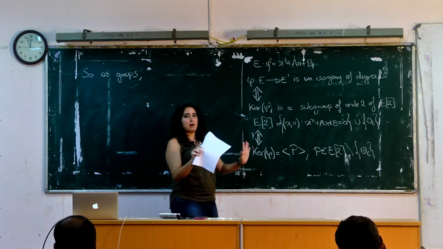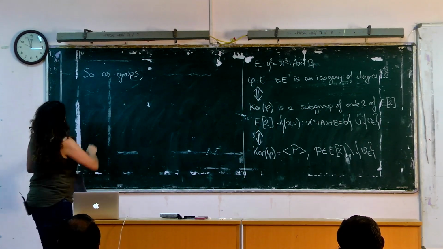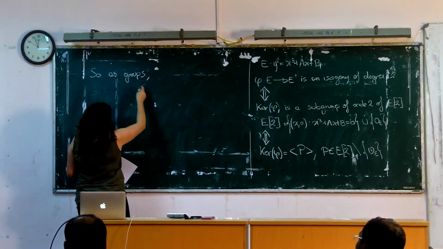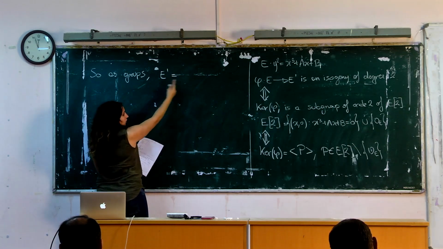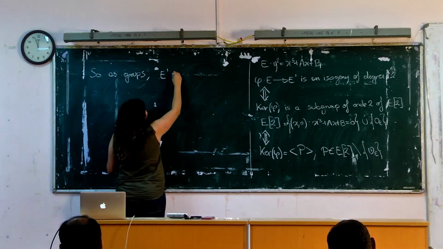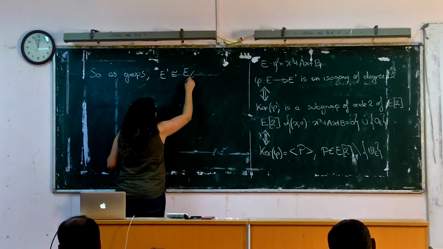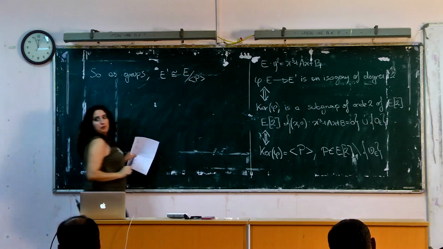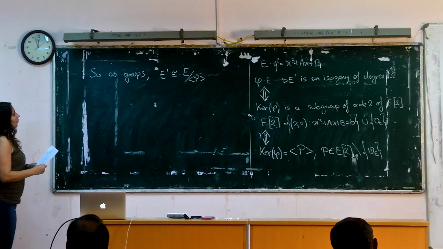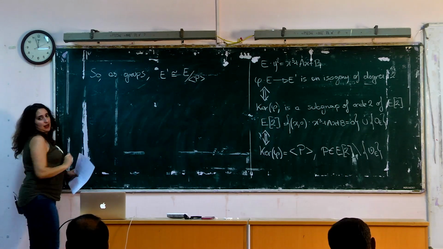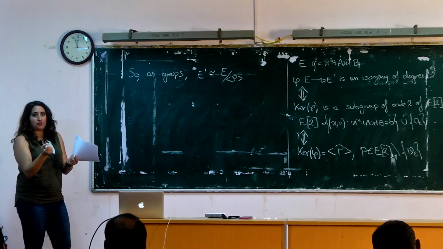So if we talk about groups, we have the isomorphism theorem, which tells us that, as groups, E prime, the image of that group homomorphism, is isomorphic to E over this subgroup. Okay? Why do I have to specify as groups? Are they isomorphic as elliptic curves?